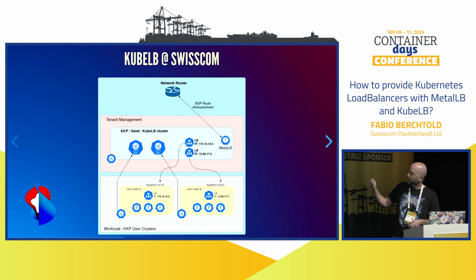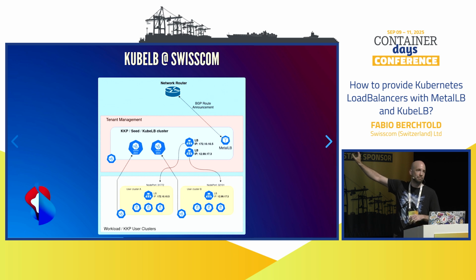The slightly special thing is that this KubeLB CCM that's in the user cluster, because we are using the KKP product, is also hidden from him. It's a bit of a technical detail on how Kubermatic does it, but he also doesn't see the CCM. But even if he would see the CCM, all he has basically is a service account into a specific namespace in the tenant management cluster.